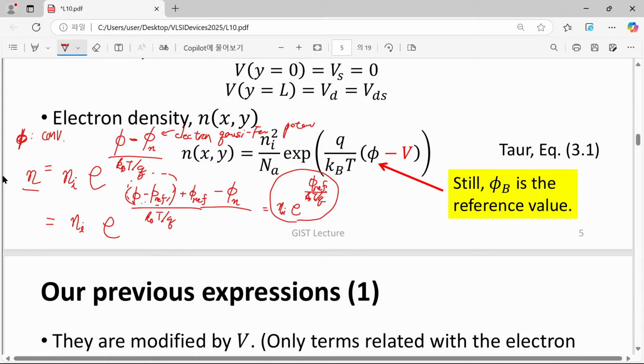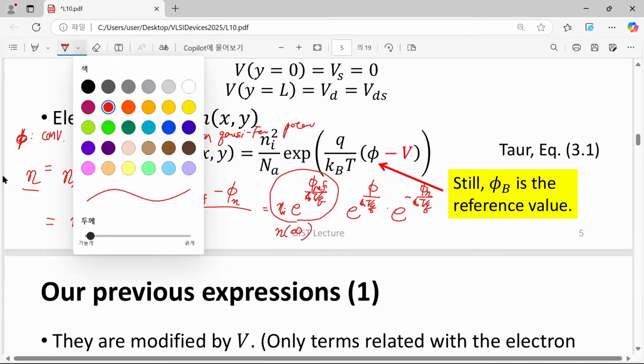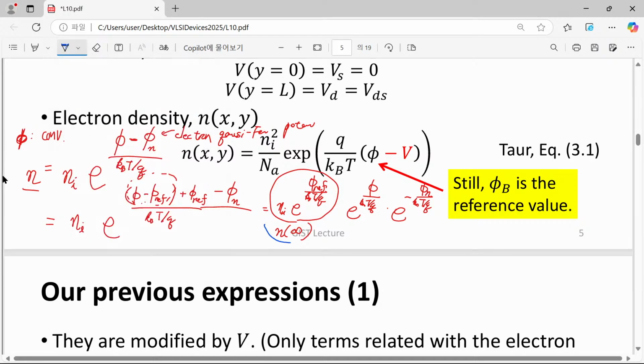Yes, this quantity corresponds to what? It corresponds to the electron density at deep substrate, and we had the thermal potential kBT over Q, and eventually we have here minus phi n, kBT over Q. The reason why I repeat this again is that up to now we have used only the first two terms.